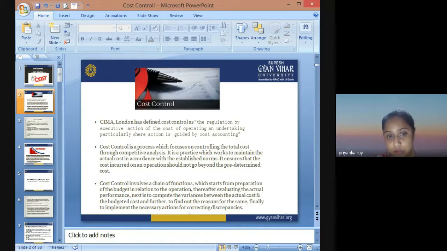Cost control involves a chain of functions which starts from preparation of budgets in relation to operations, then evaluating the actual performance, computing the variations between the actual cost and the budgeted cost, finding out the reasons for the same, and finally implementing the necessary action for correcting the deviations.